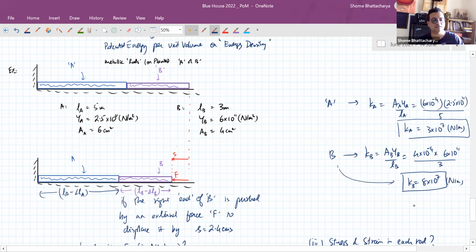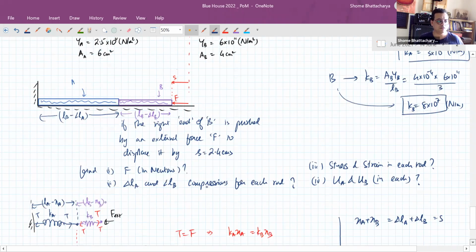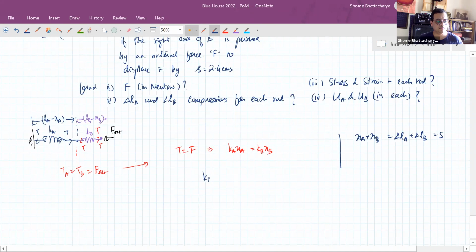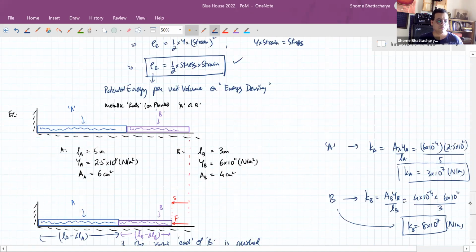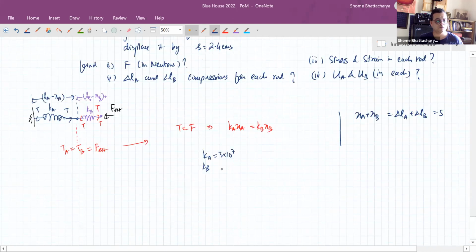So now you can see that we got the values of Ka and Kb. They are 3 into 10 raised to the power 7 and 8 into 10 raised to the power 7.